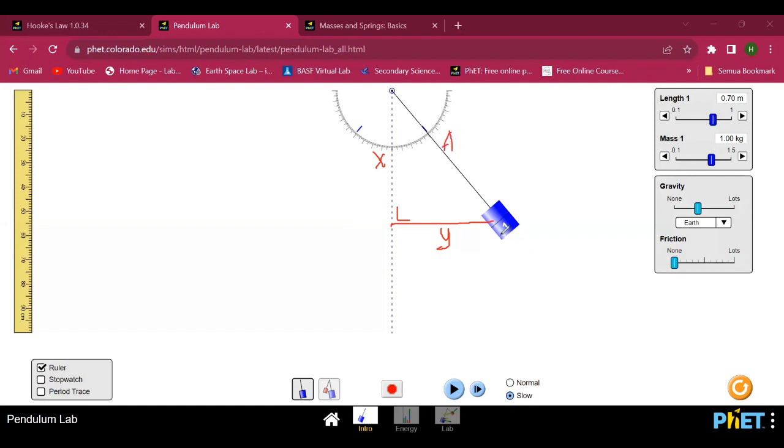As you know, to measure this pendulum's weight, we need this formula: weight equals m times g. M for mass, g for gravitational acceleration.